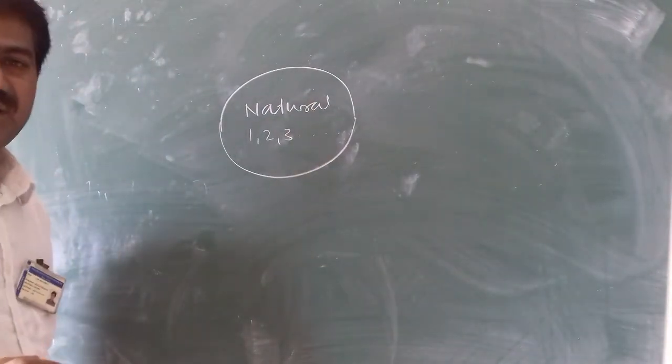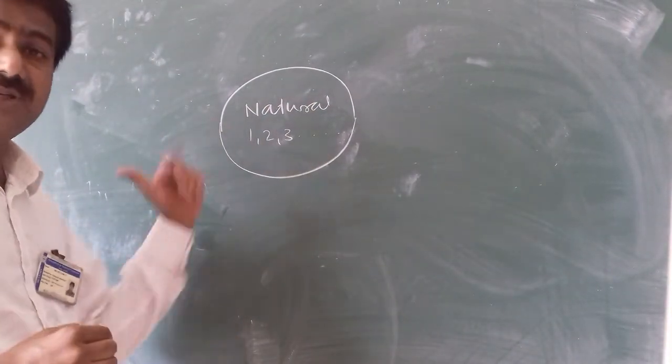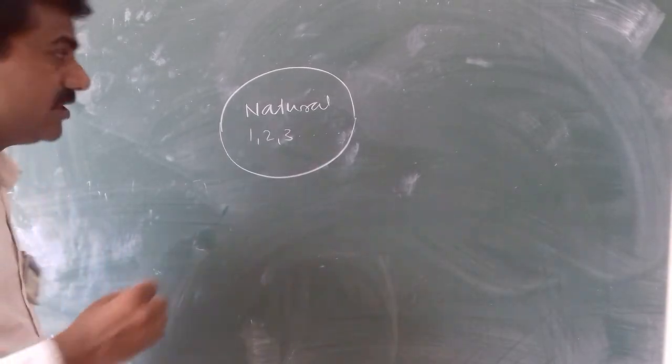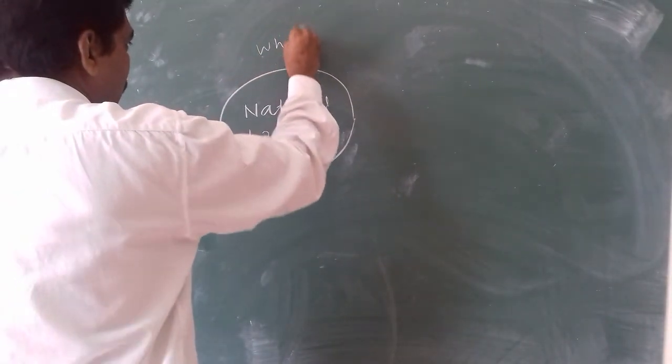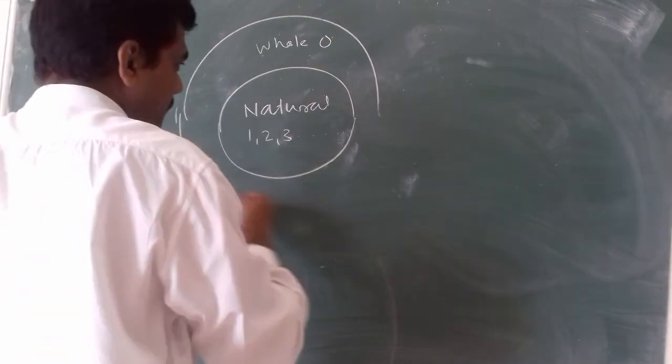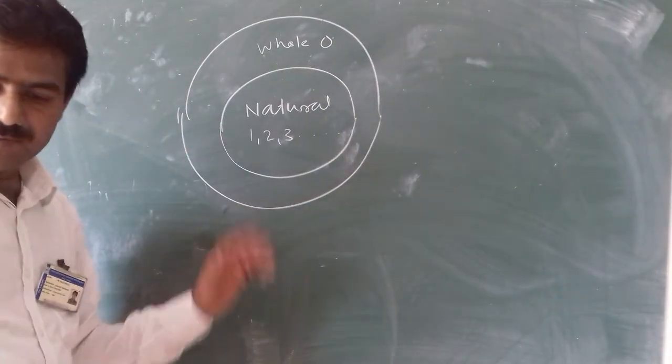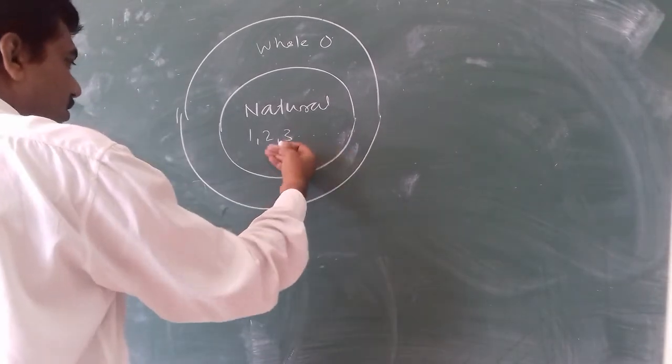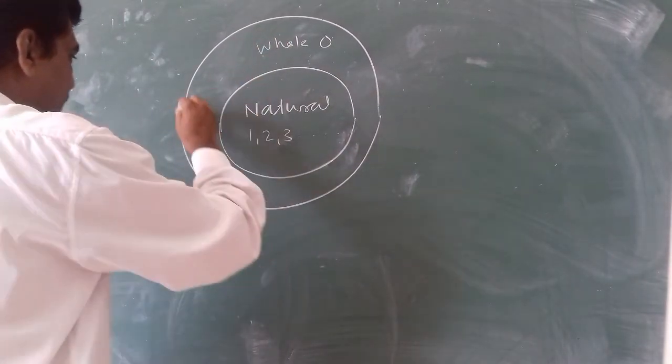Now next, the set of integers. This set is a subset of the set of integers, right? So it will add the whole number 0. So this diagram depicts that this internal set is a subset of this set.